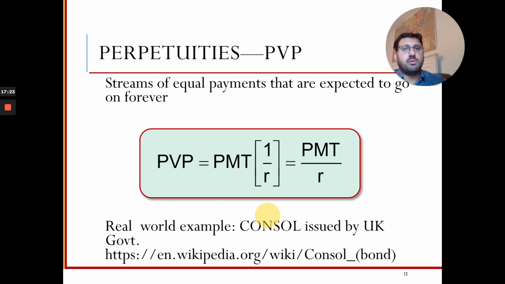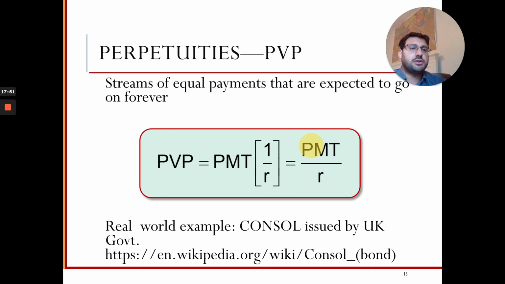They were so much indulged in the war against the French that, in order to meet their expenses, they had to issue such bonds where they promised to pay the coupon payments or the interest payments forever into the future. And that is actually the perpetuity.